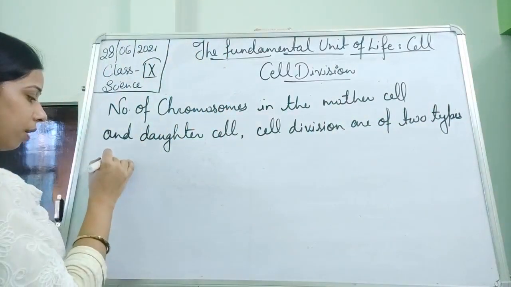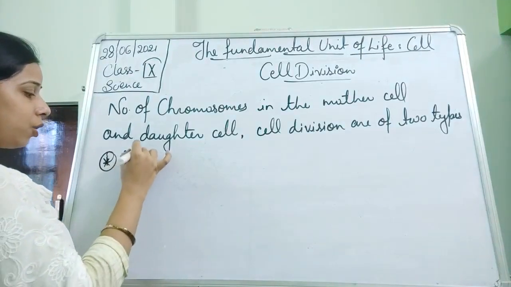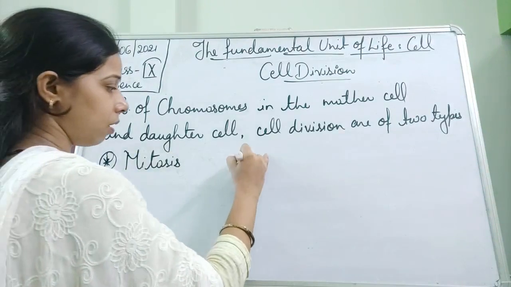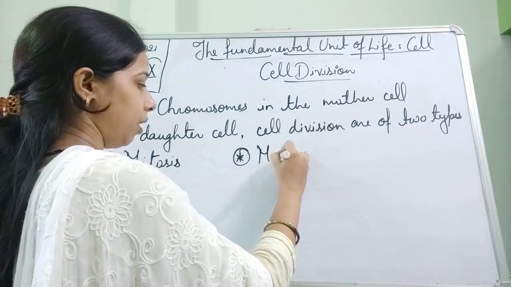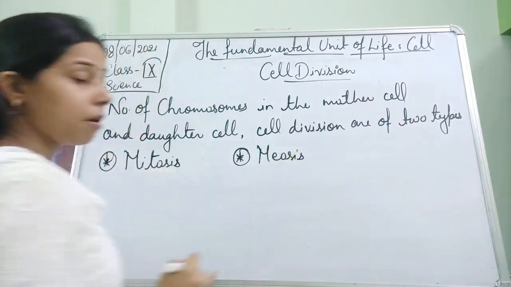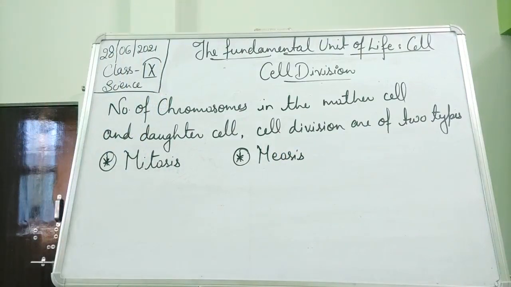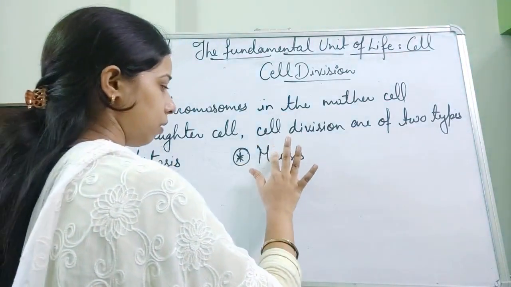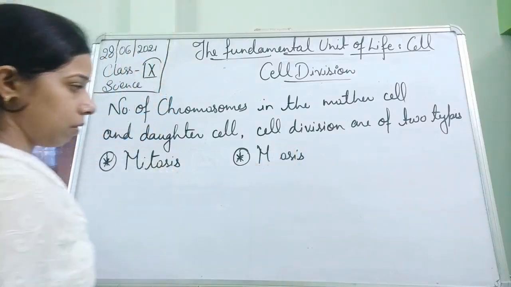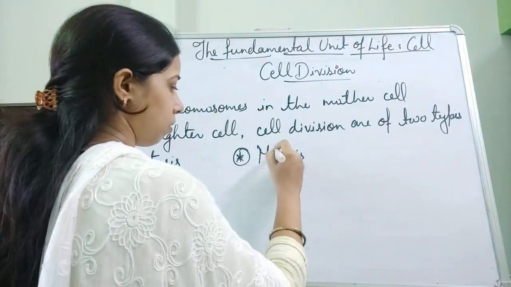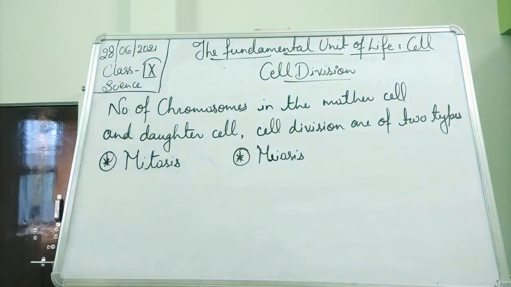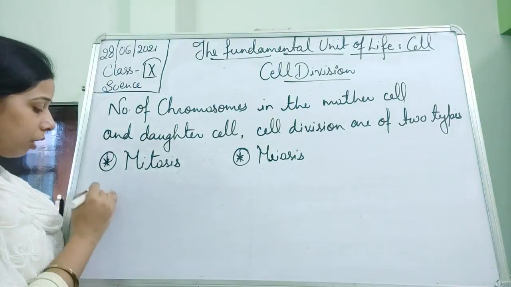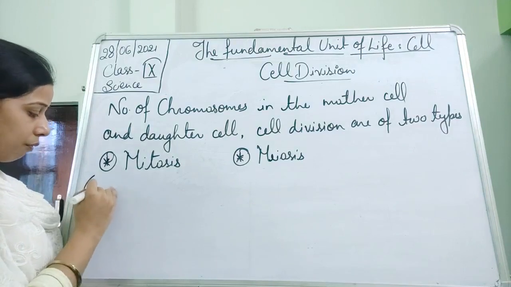The first one is mitosis and the second one is meiosis. Mitosis and meiosis. Starting with mitosis, students, let us see what the points are in the case of mitosis.